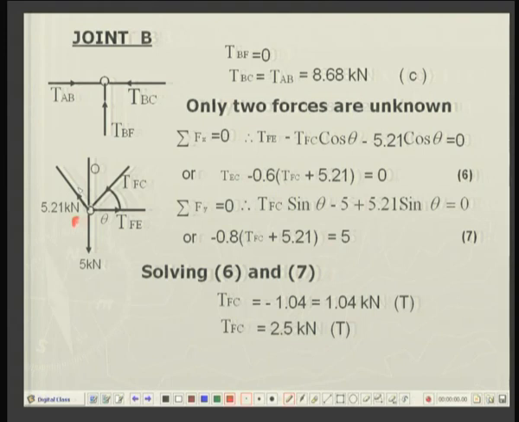Now, minus implies that our choice of arrow was wrong. Actually the arrow should have been opposite. So, it means we had chosen it as a compressive force, but actually it is a tensile force. TFE is positive, it means our choice of arrow was correct. So, it is a tensile force.